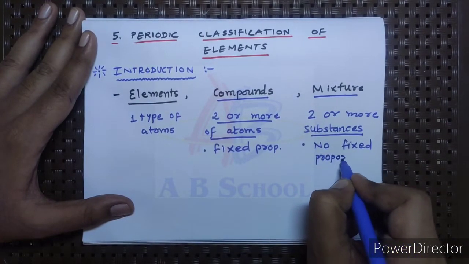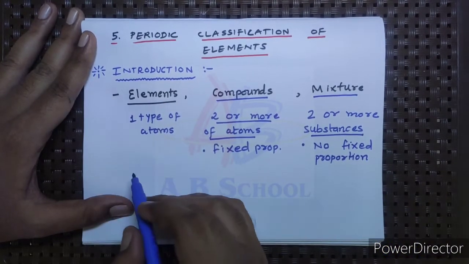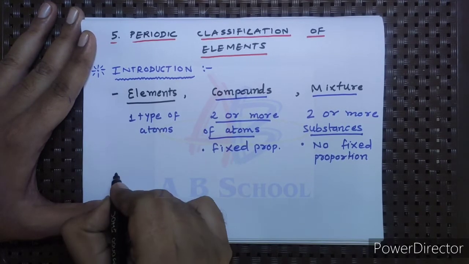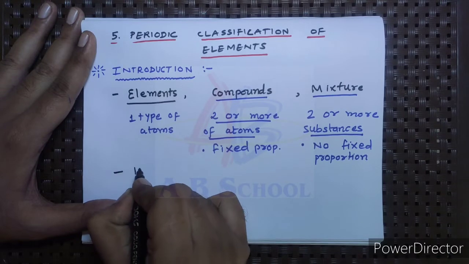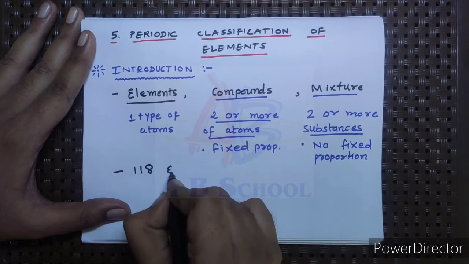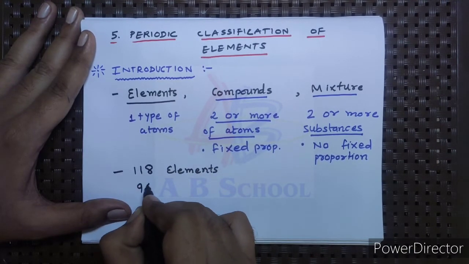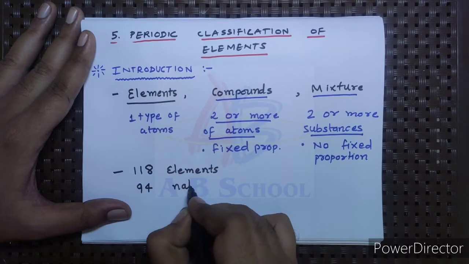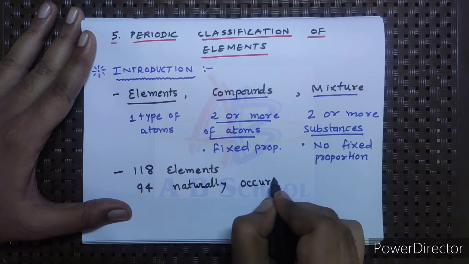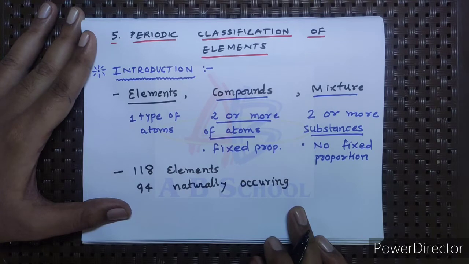In this chapter, we are going to talk about the elements which are found up till now. Because of human efforts and endeavor, up till now we have discovered 118 elements. Out of these 118 elements, only 94 are naturally occurring, while the remaining elements are developed in laboratories.